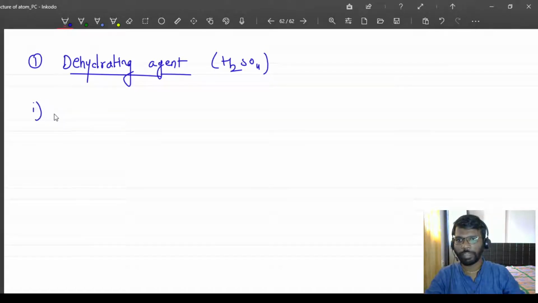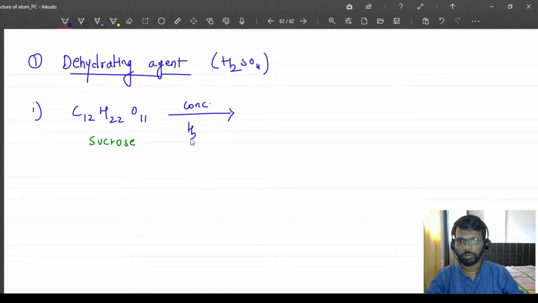For example, if I take this molecule C12H22O11, this is sucrose. And if I add concentrated H2SO4, now remove as many water molecules as you can.